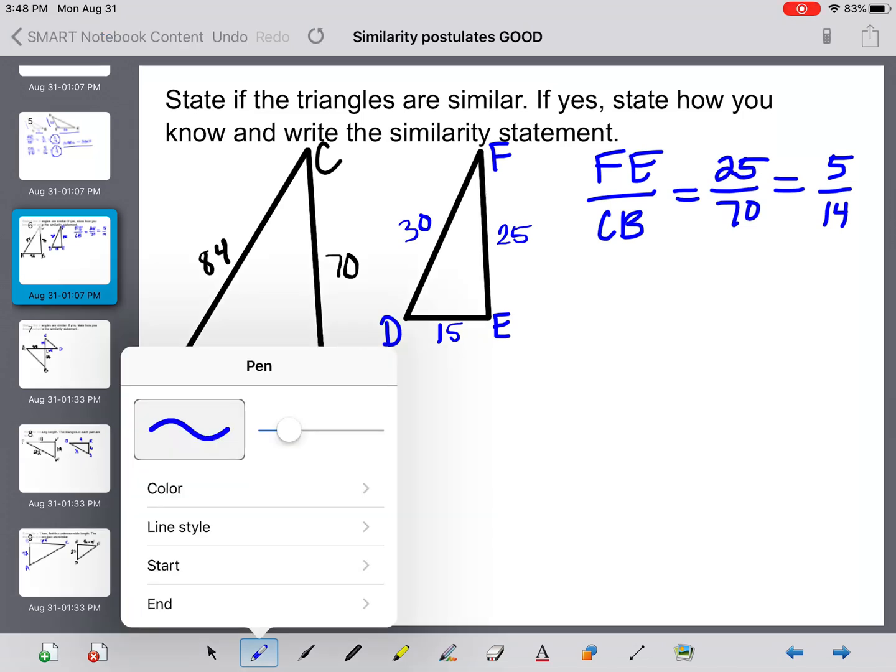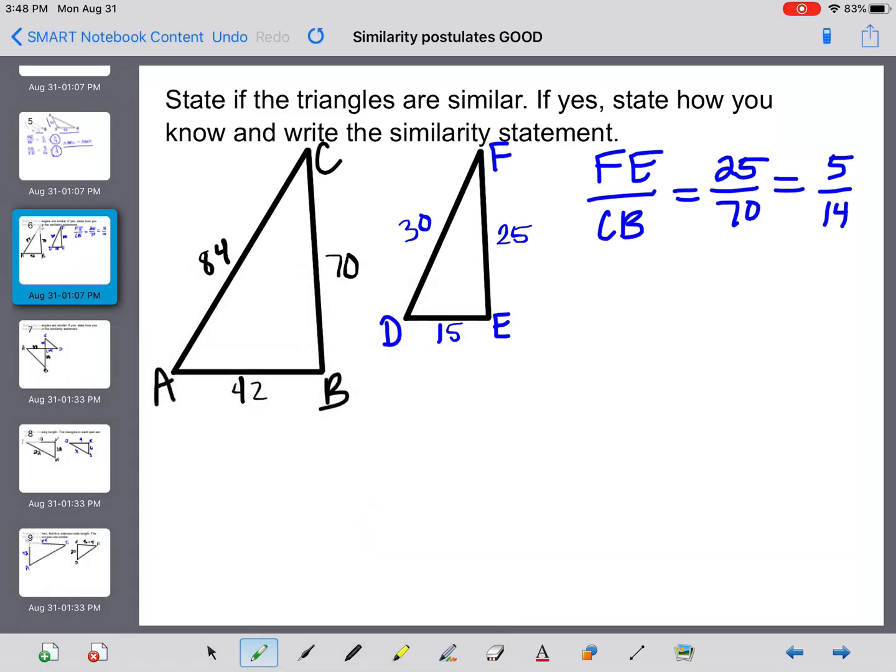And then we can check DE over AB. So 15 over 42. And 15 over 42 gives us the same.